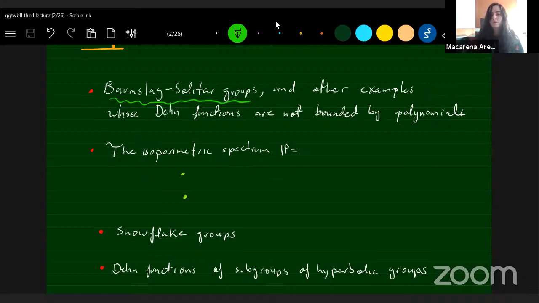We also discussed the isoperimetric spectrum, the set of numbers d such that n to the d is the growth type of a Dehn function.